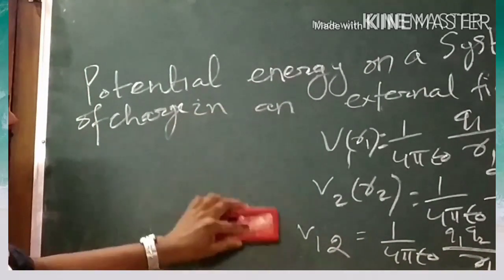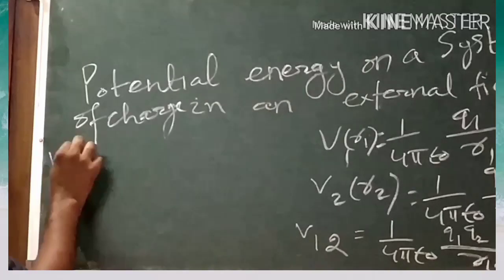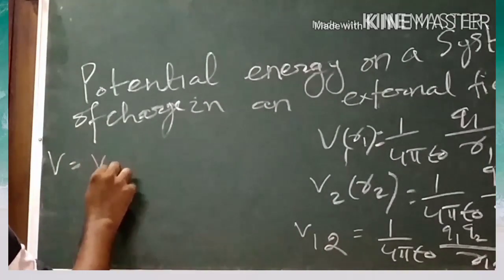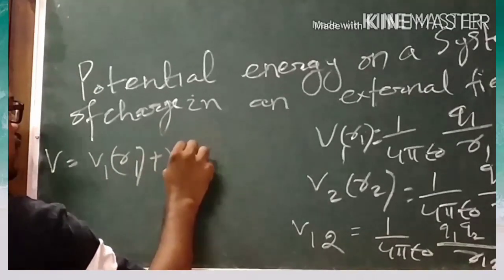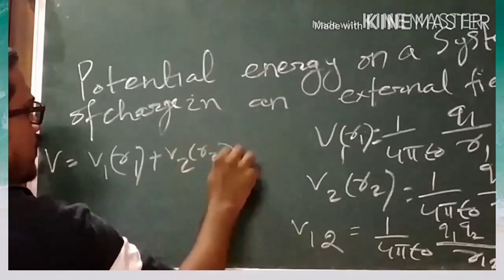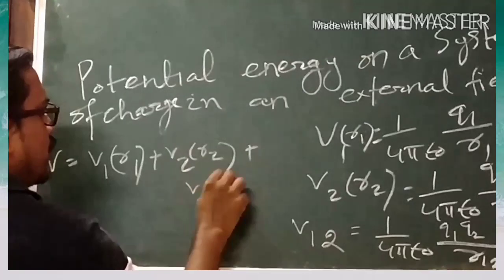Now the net potential will be V1(R1) plus V2(R2) plus V12.